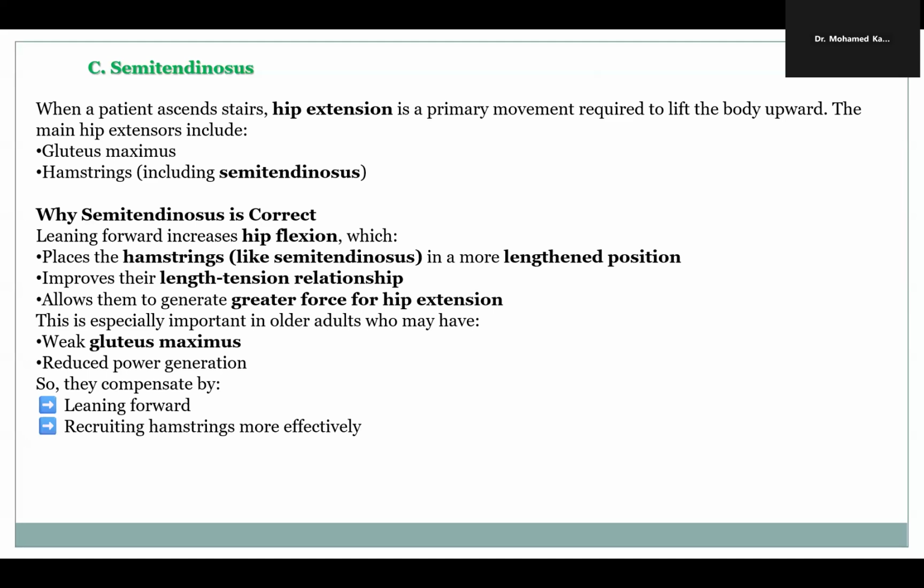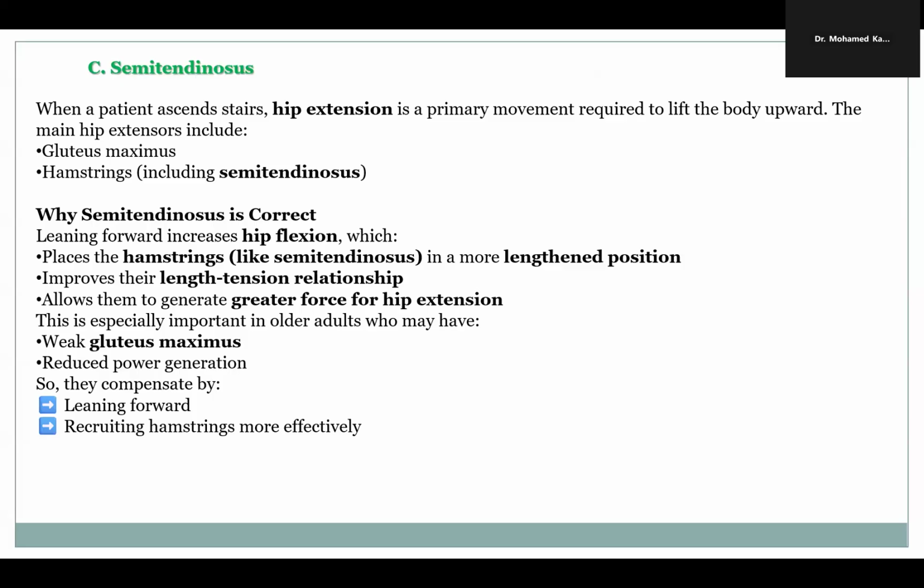So if this semitendinosus, which is the only option in this question among the hamstring muscles, is in this more lengthened position due to increased hip flexion or leaning forward like our patient is doing, then this will improve the length-tension relationship. And if this is happening, this will allow the muscle to generate greater force for hip extension. We need hip extension, right?